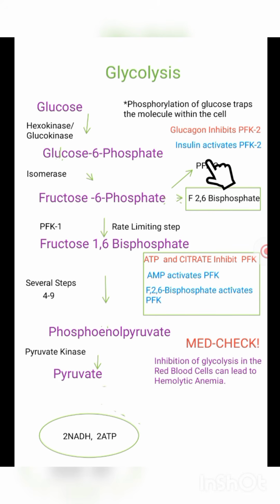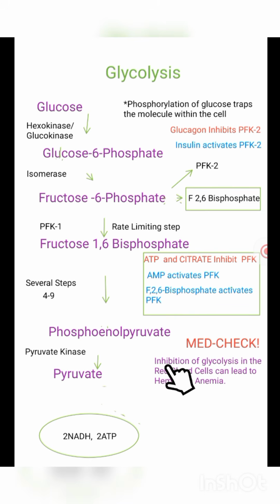But insulin, on the other hand, will activate PFK2. So when you have high levels of insulin, this reaction is a very serious possibility to produce this, which in turn will activate PFK1.